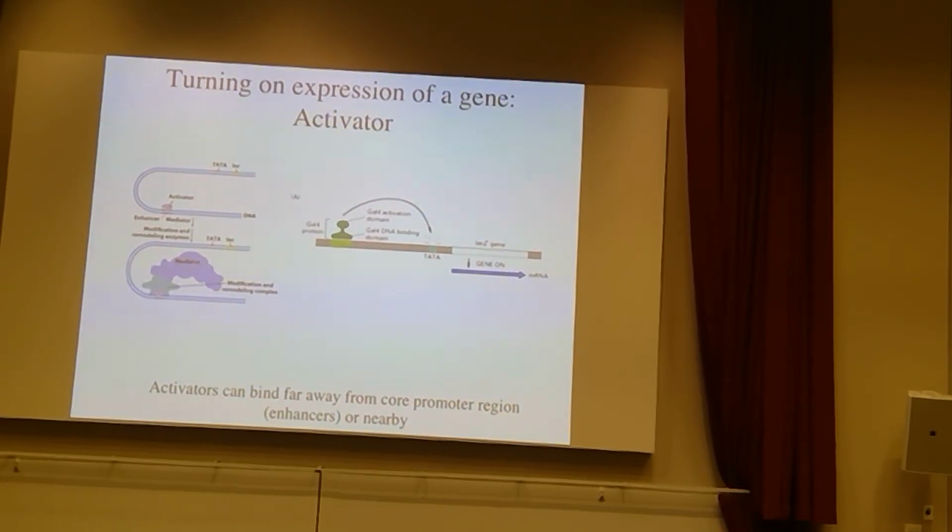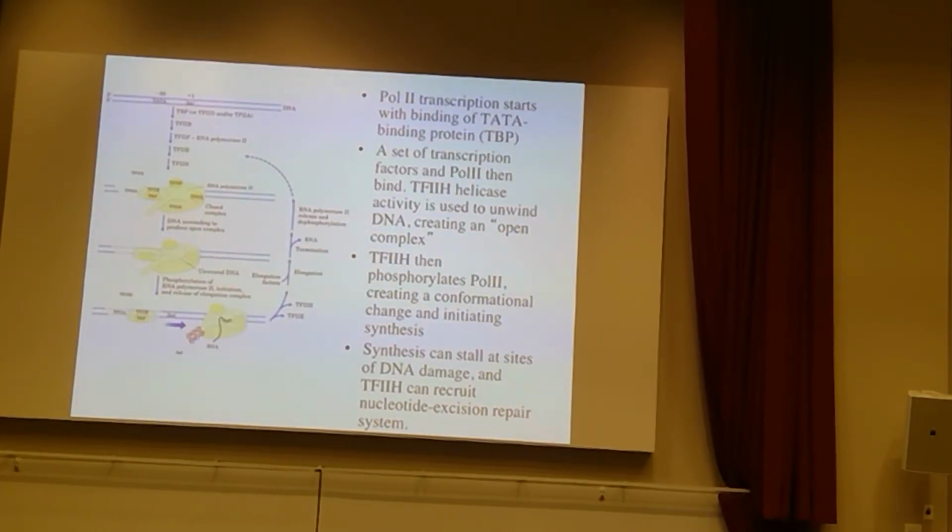And then that helps to recruit the polymerases to come into that core promoter region. When we discuss aspects of regulation of gene expression, we'll talk about how different activators can be used to recognize different sequences.